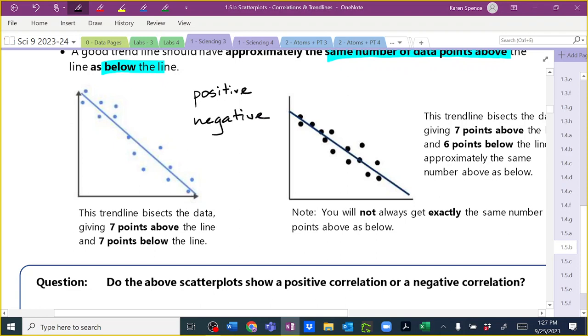Or is it no correlation? We're going to vote one more time. Remember, positives like this, negatives like this, no correlations like this. 5, 4, 3, 2, go. We have negative correlation because it is going which direction? Uphill or downhill? Negative because it's going downhill.